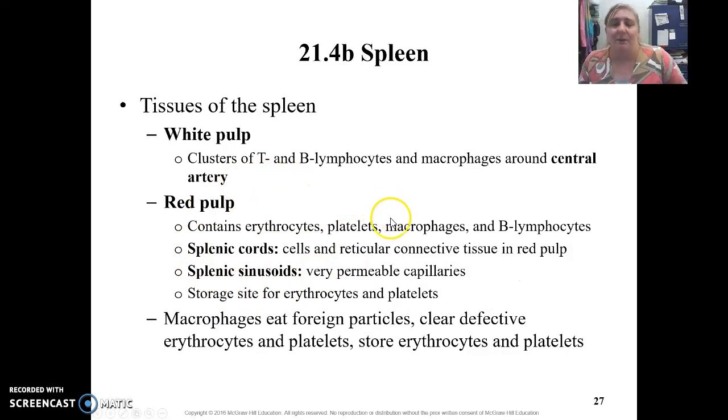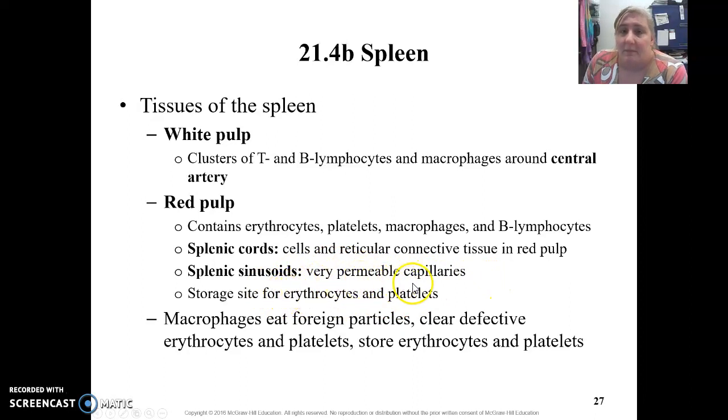The white pulp is where B and T lymphocytes as well as macrophages are going to reside mainly. The red pulp contains macrophages, erythrocytes, lots of erythrocytes. The red pulp has a lot of capillary networks associated with it.